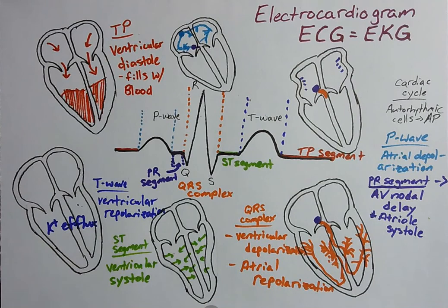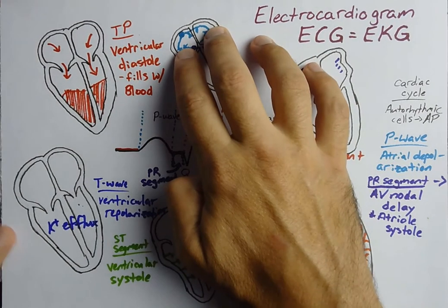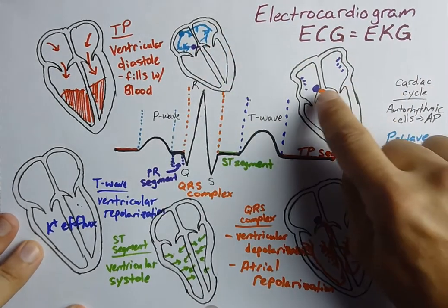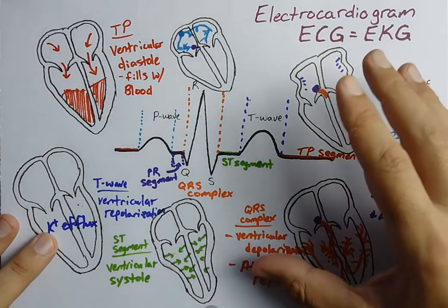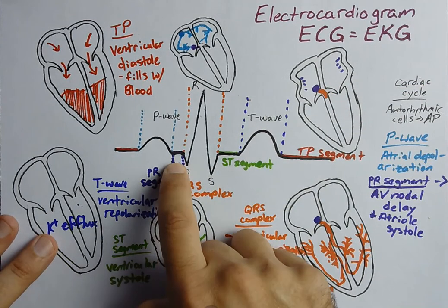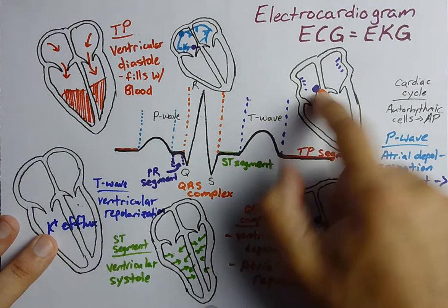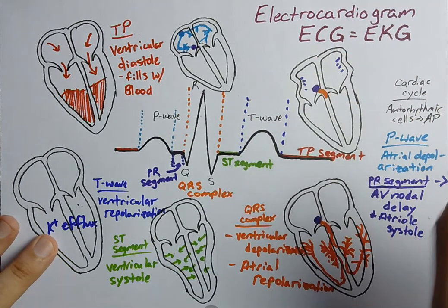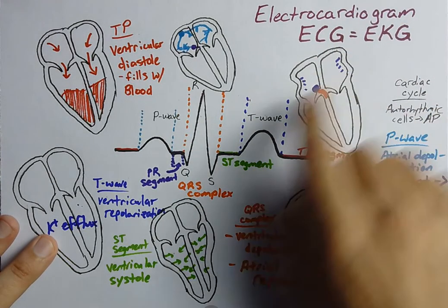All right. Step 1, P wave, atrial depolarization. That current reaches the AV node and slows down there. That's the PR segment. At the same time, the atria that had just been depolarized contracts. Atrial systole.